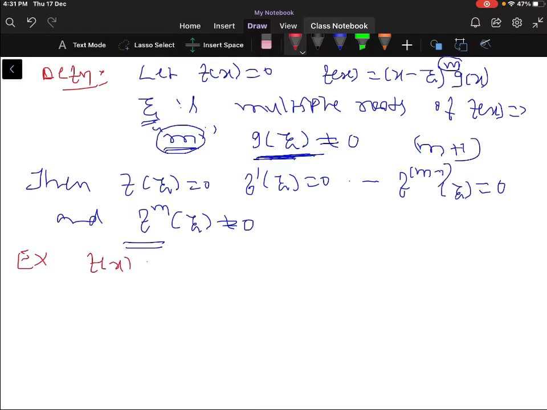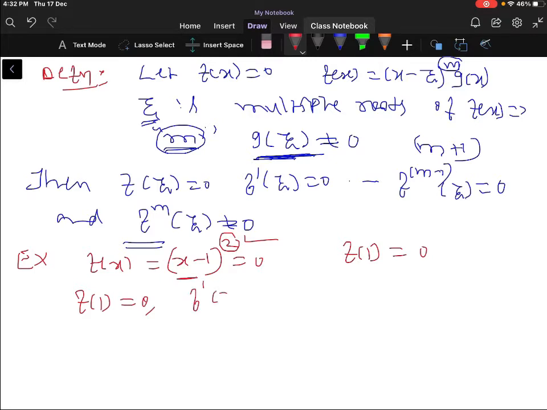For example, let f of x is equal to (x minus 1) whole square, equal to 0. Here you can observe that 1 is the root of the equation, f of 1 is equal to 0. So x minus 1 is a factor 2 times. Therefore 1 is a multiple root of f of x equal to 0 of multiplicity 2. Therefore f of 1 is 0.